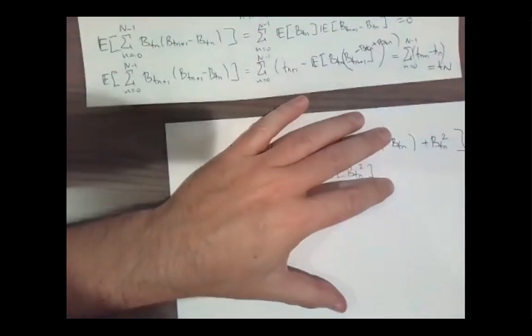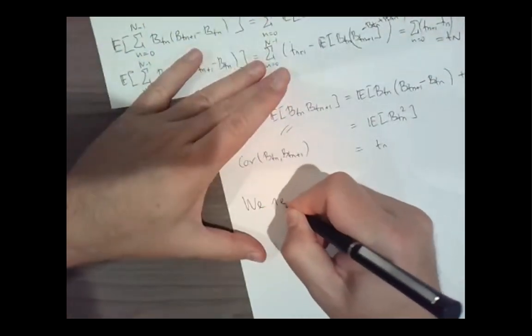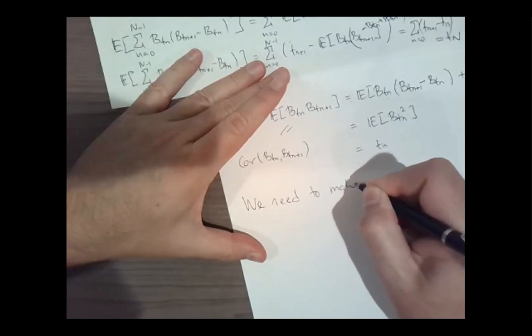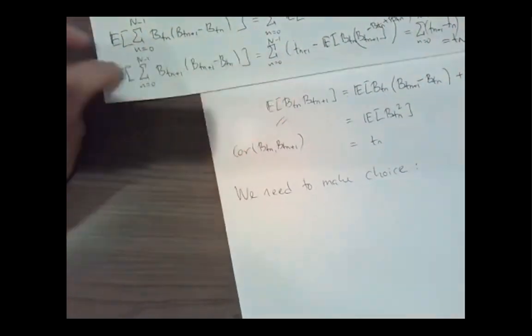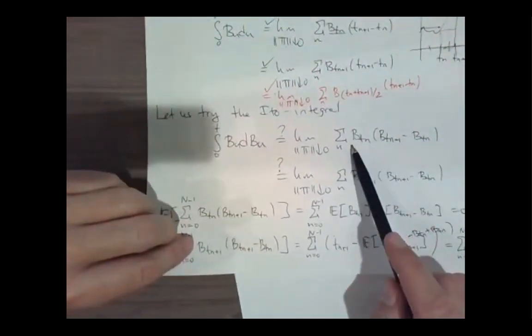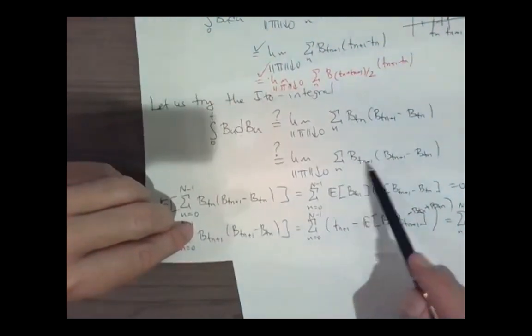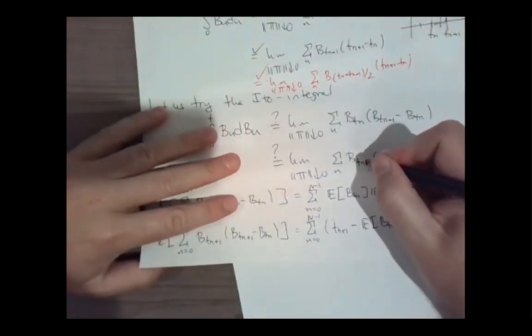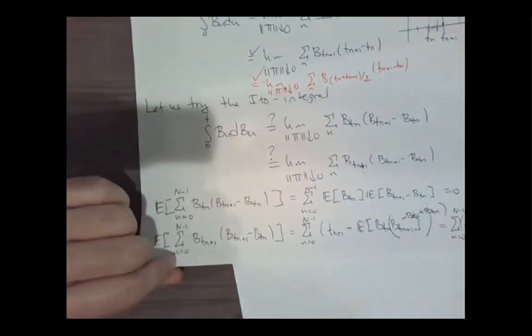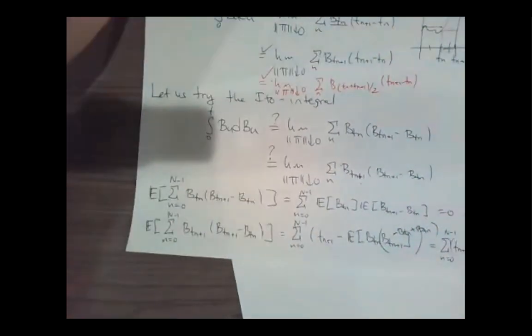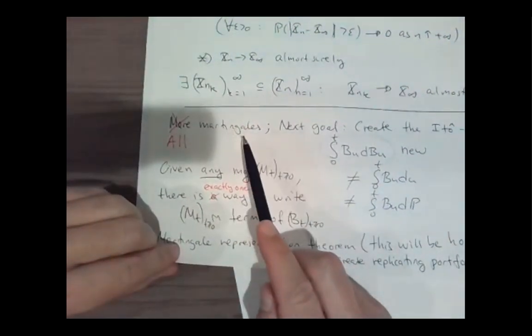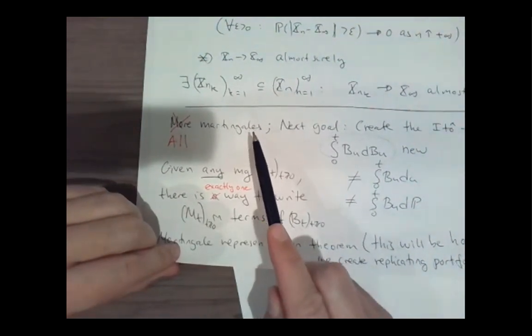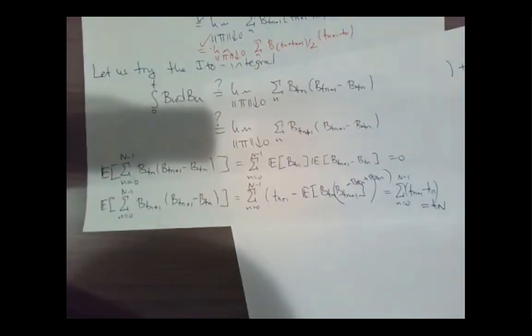So we have a choice to make. Where should we put it? Should we use the t_n here? Should we use the t_{n+1}? Well, let's go back a slide. We want martingales. So which of these two looks like a martingale structure to you?